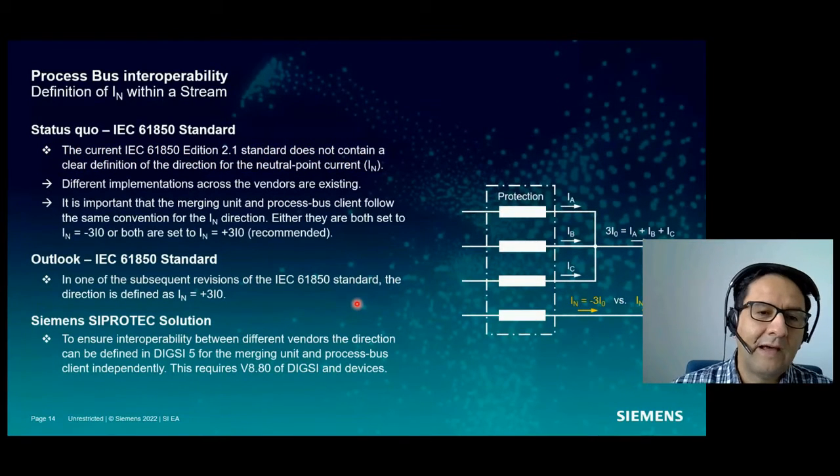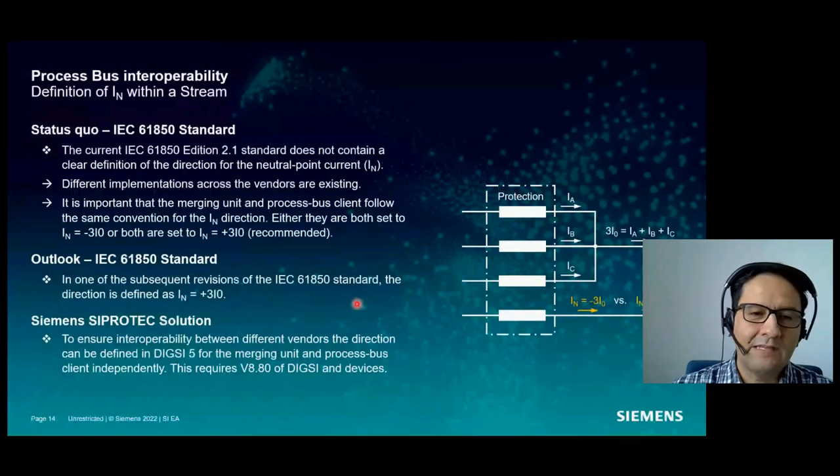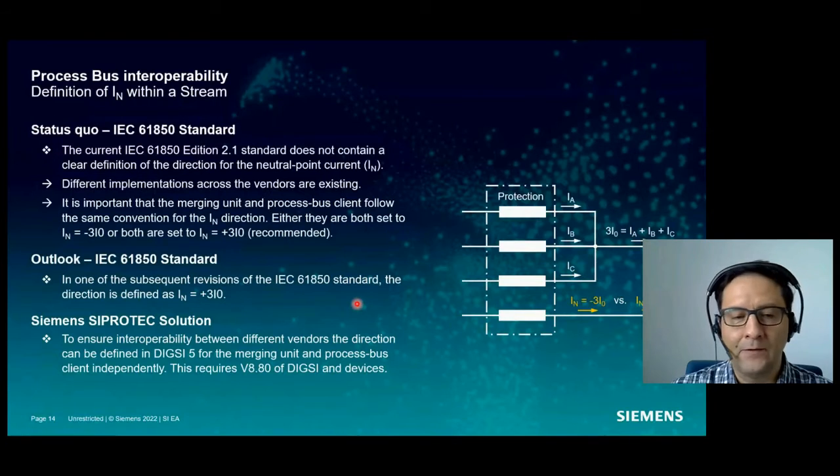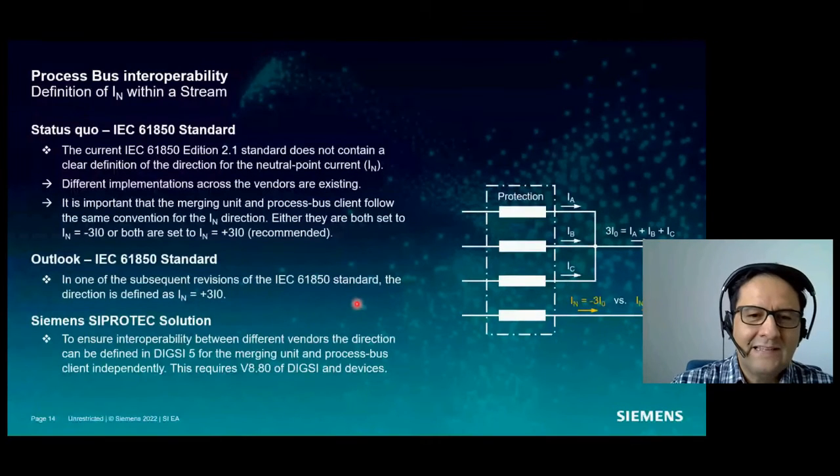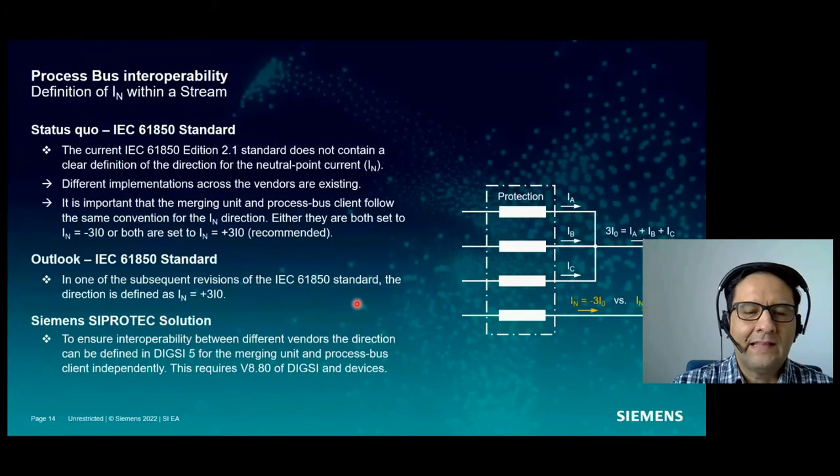The other topic that we now have in our portfolio is the possibility to introduce the direction of the neutral current, the 3I0. It's not clear in the standard what the definition of the direction of this current is.